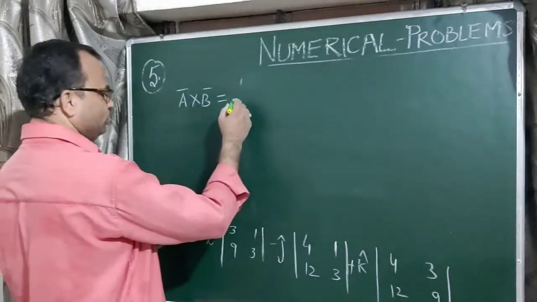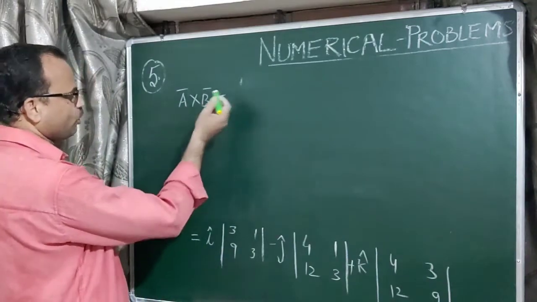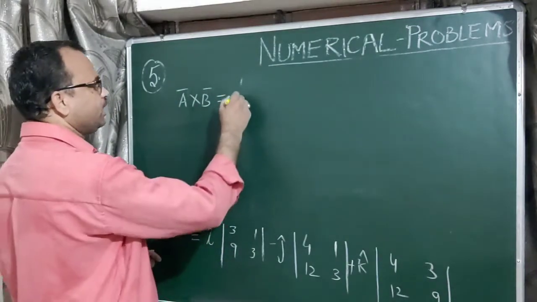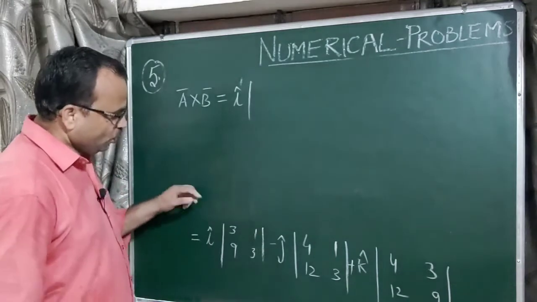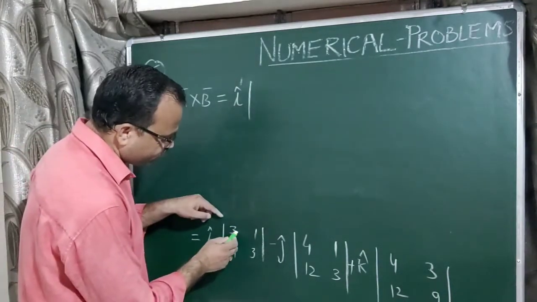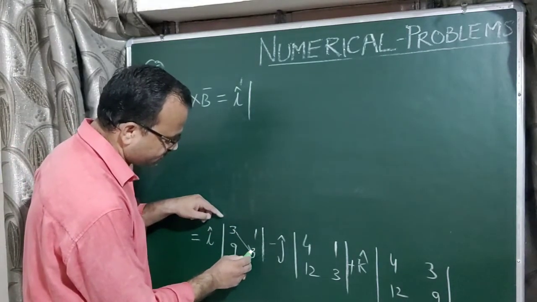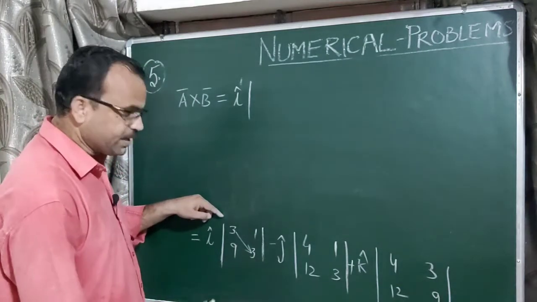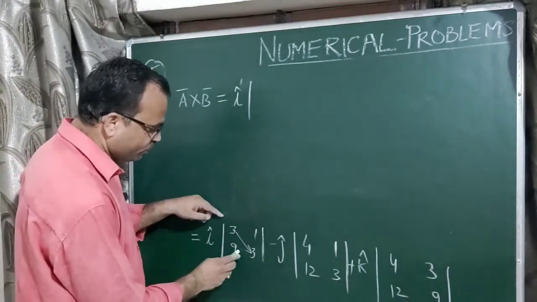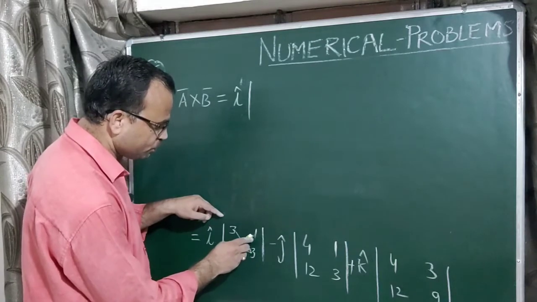So we write A vector cross B vector as i cap. First move from top to bottom, after that put the negative sign and move from bottom to top.